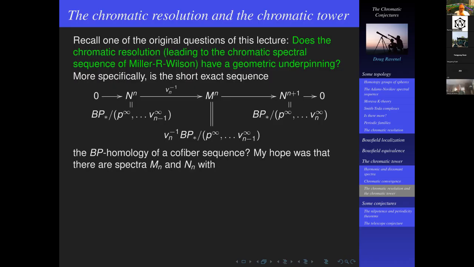My hope was that there are spectra M sub n and N sub n with these properties, and that M sub n is obtained from N sub n by the nth Bousfield localization functor.